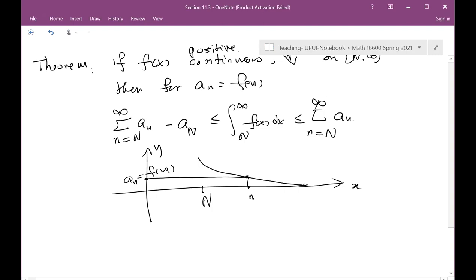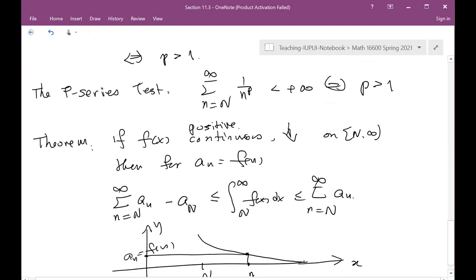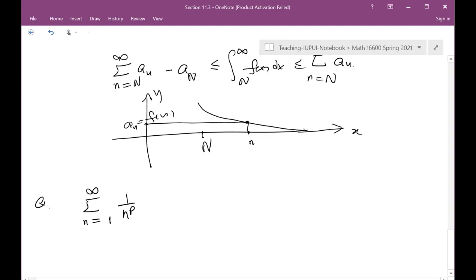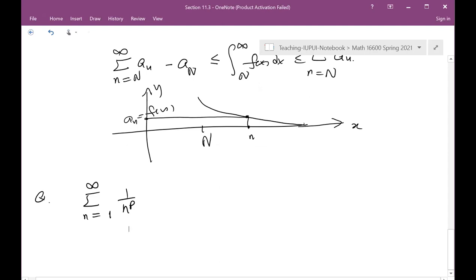This is a very important theorem also, and you can use the theorem to estimate the value of a series. Let's go back to this series, which starts from 1, 1 over n^p, and I know it's convergent when p is greater than 1.